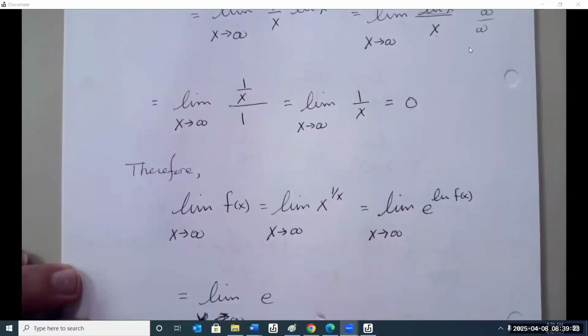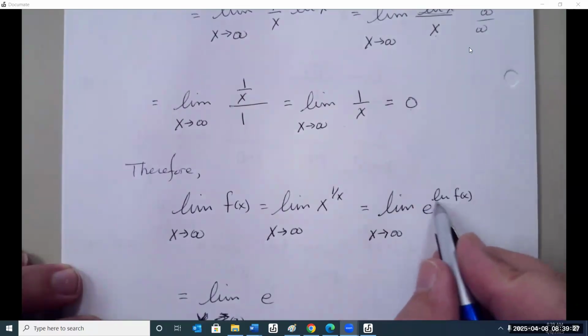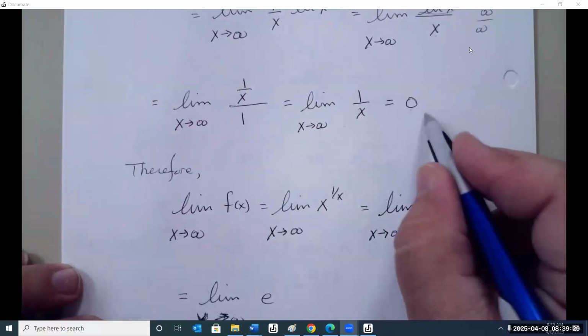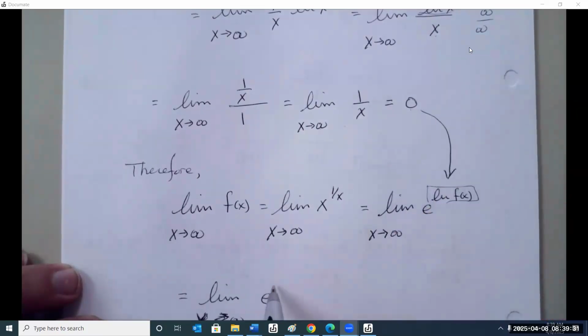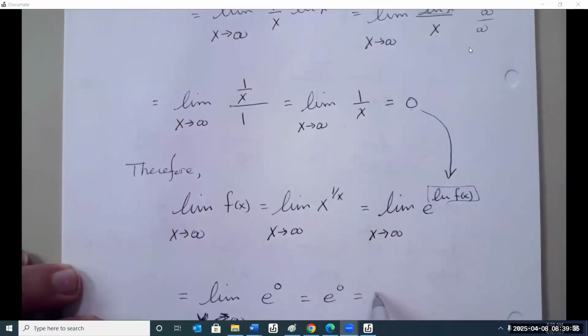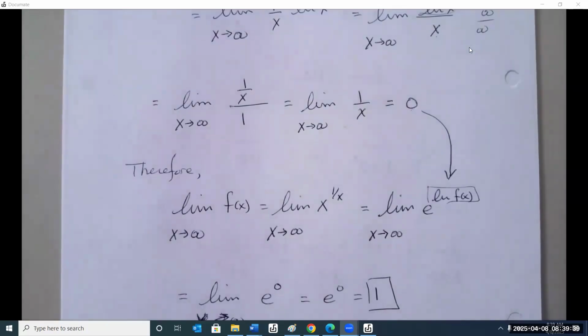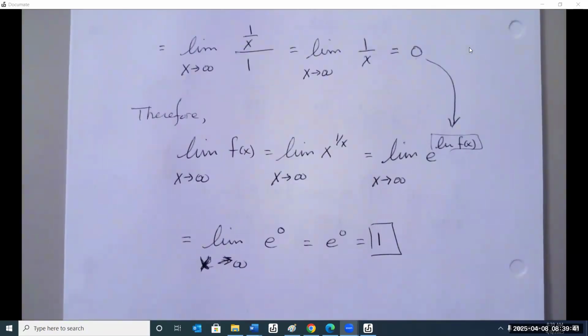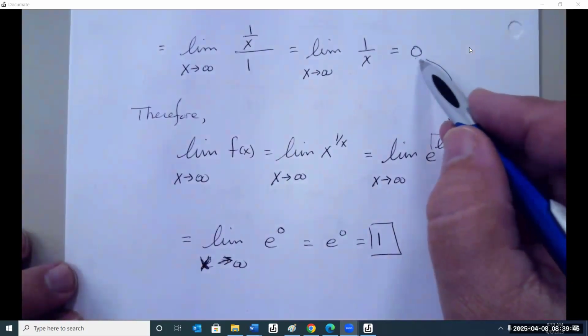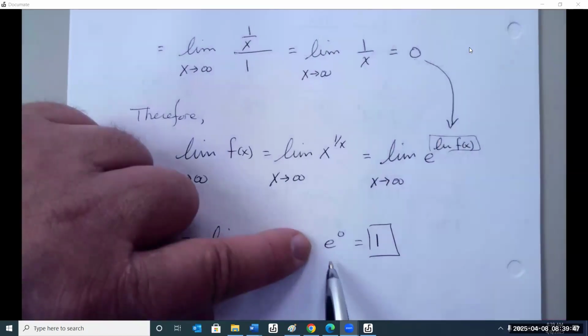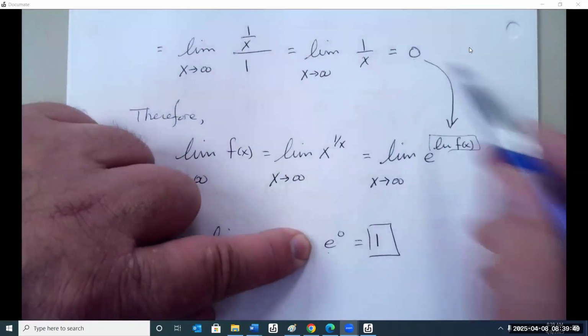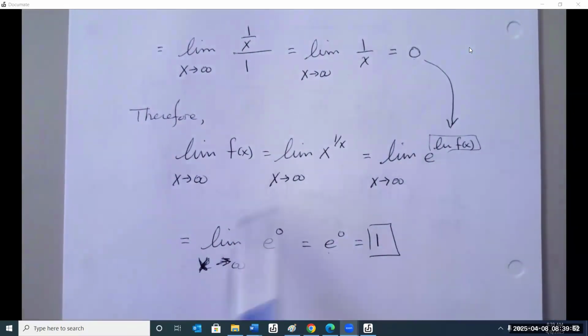We have e to the power, this is that value. So we have e to the 0, which is 1. There's our final answer. Once you find this value here, your answer is simply take e to the power of this, and you're done. That's what this is telling us.